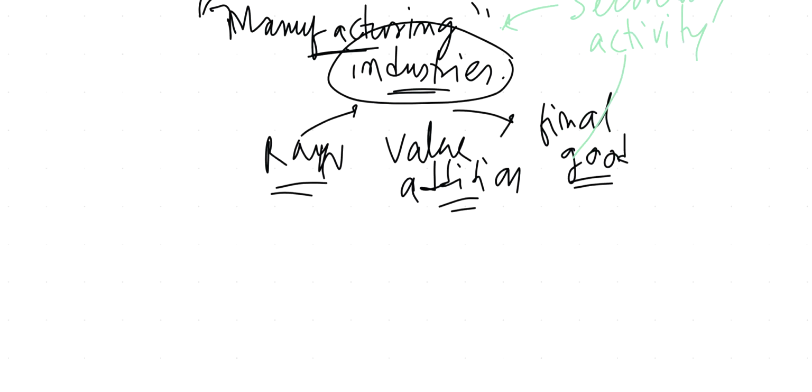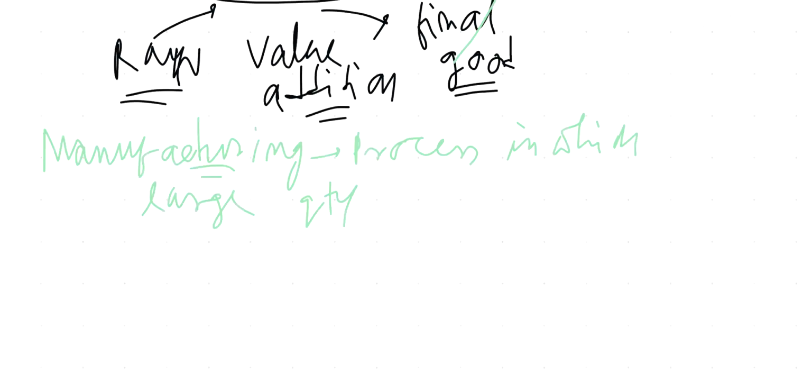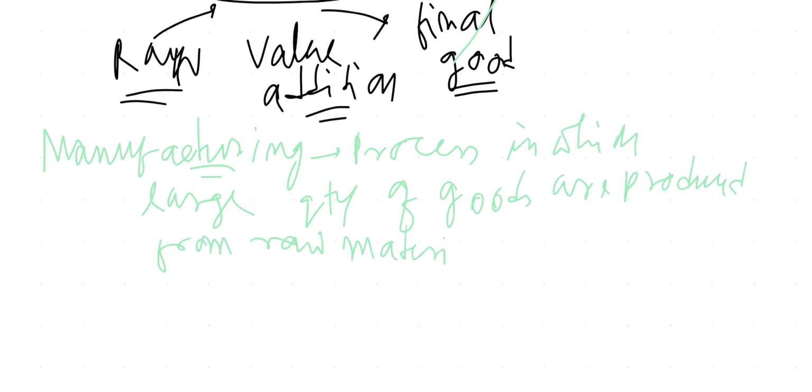Manufacturing can be considered as a process in which a large quantity of goods is produced from raw materials of primary activities and value is added.